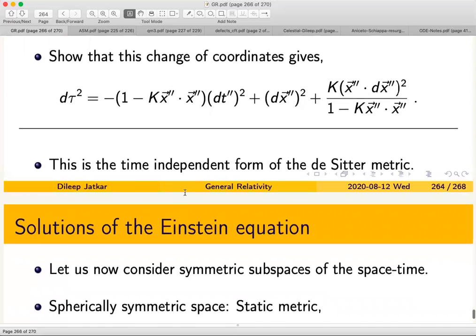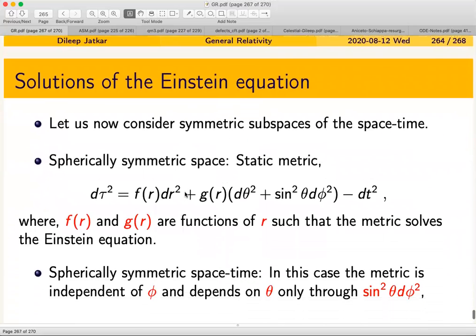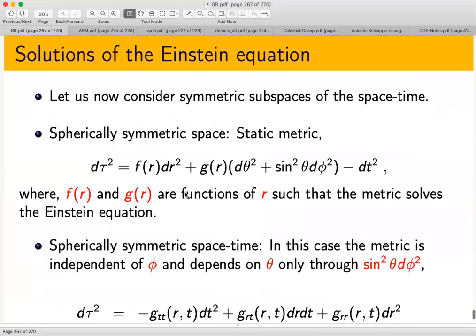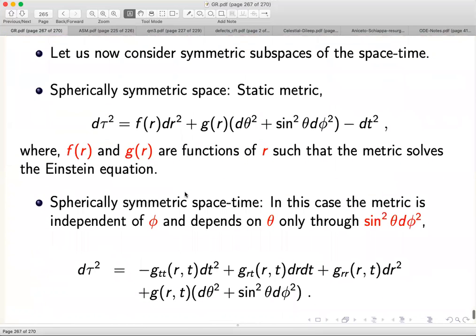Okay. Let's consider the next thing, and that is the symmetric subspaces of space-time. For example, if you are looking at a spherically symmetric space, we are only looking at the spatial part of the metric and demand that it is spherically symmetric.